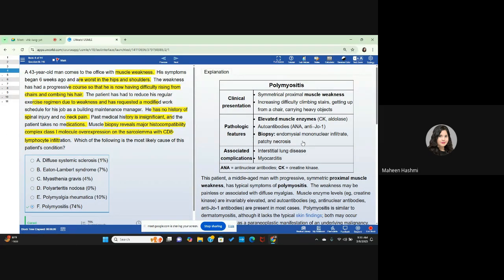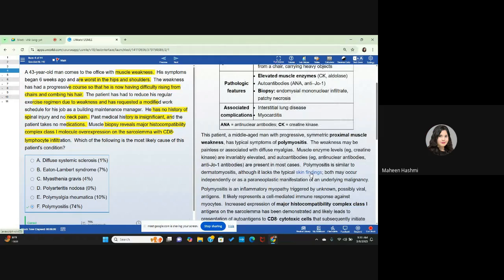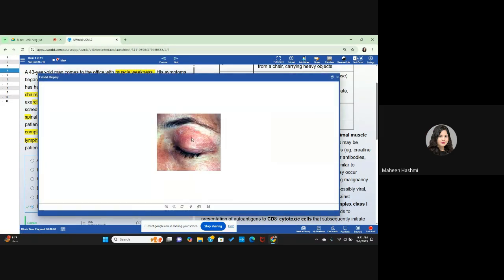How do you treat dermatomyositis and polymyositis? Steroids. Yes, whatever the autoimmune condition, usually steroids. So what is this? Gottron papules? Heliotrope rash. Yes, it's a heliotrope rash.